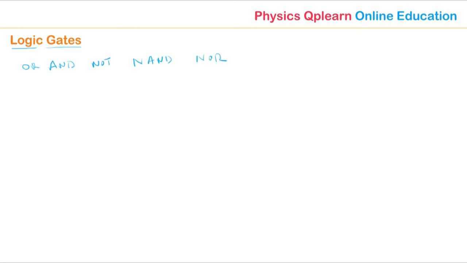So what is the OR gate, what is its formula and what is its truth table? In the same way, what is the AND gate and its formula and truth table? Same way, the NOT gate, NAND gate and NOR gate we will discuss now.